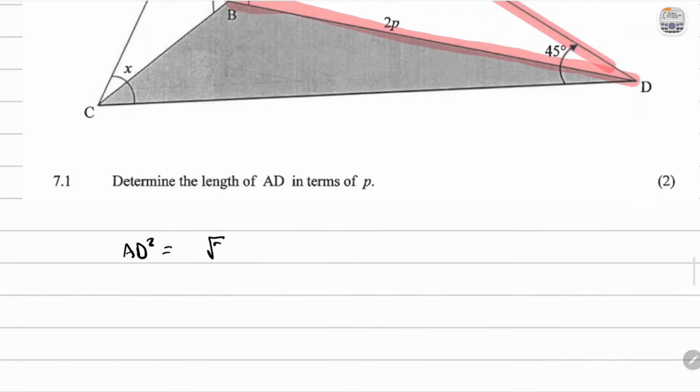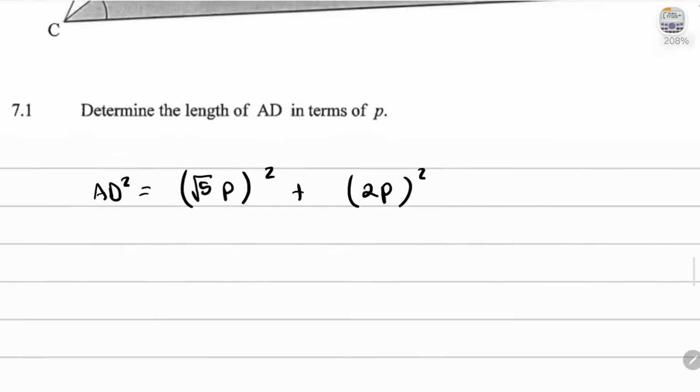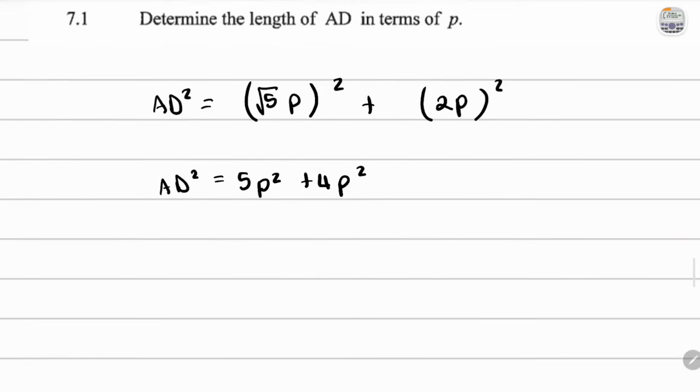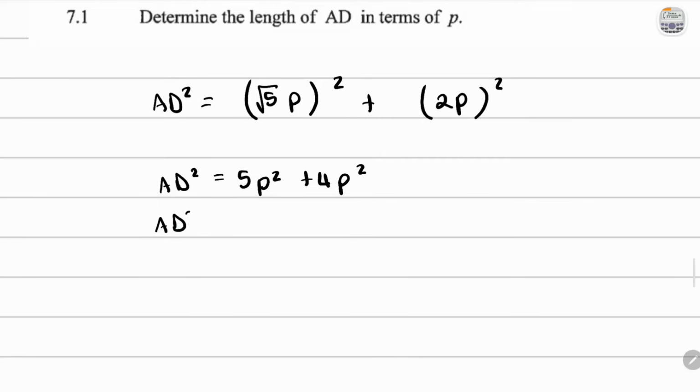So that is square root of 5 p all squared plus 2p all squared. When you square the root 5, it becomes 5, and we have p squared. When you square 2, it becomes 4, and p squared. So that would give us 9p squared. So AD squared equals 9p squared.